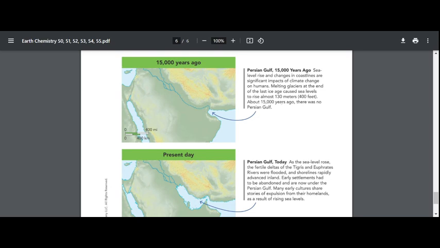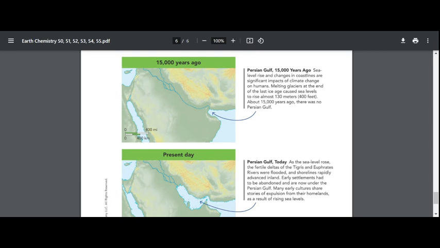So about 15,000 years ago, there was no Persian Gulf. Okay. Now fast forward to the present day. And now we see the Persian Gulf right along here.